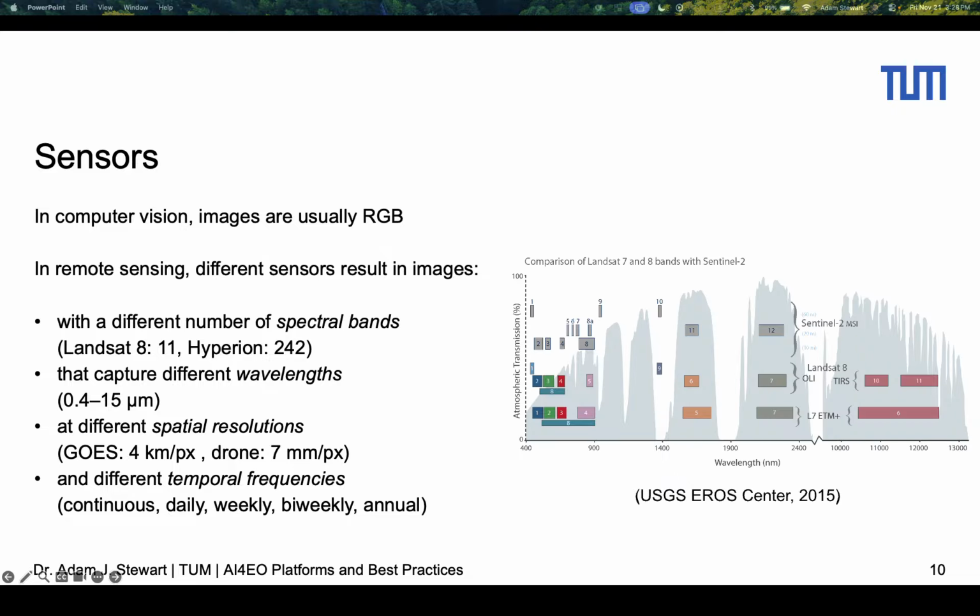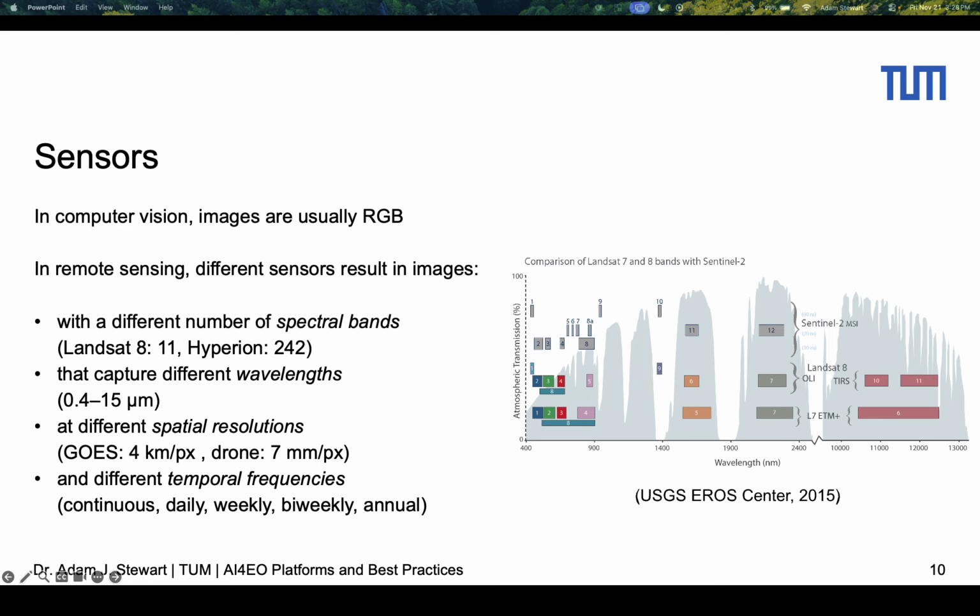I showed this slide last week as well, but I want to show it one more time. You'll see that depending on the satellite, even if you're only looking at these multispectral satellites that are relatively similar, they're still completely different. Landsat has these thermal bands that Sentinel-2 doesn't have. Sentinel-2 has a lot more bands that have a very narrow bandwidth, so they're very specific about the information they're capturing.